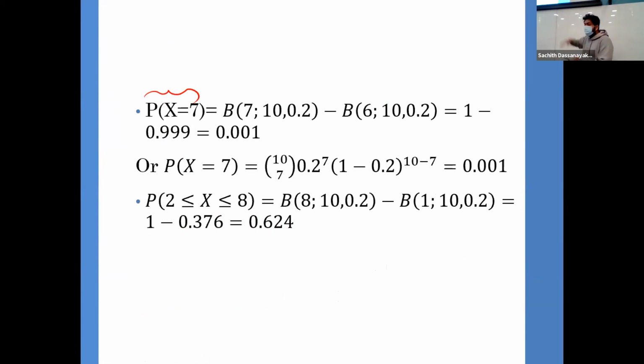So we need that value. You take capital F, the CDF value at 7, minus capital F at 6. F7 minus F6 gives you the probability at that point using the CDF.